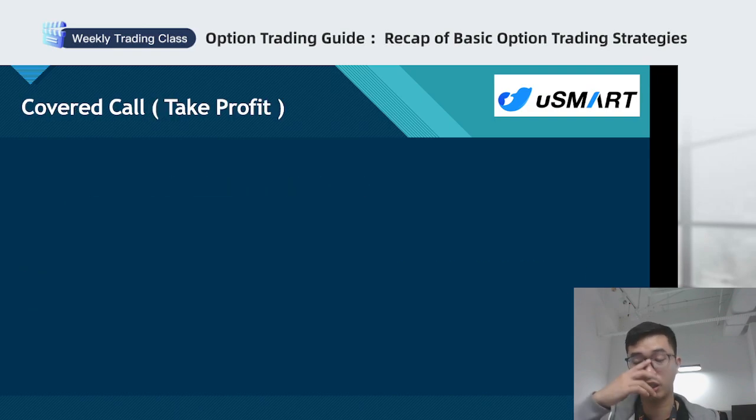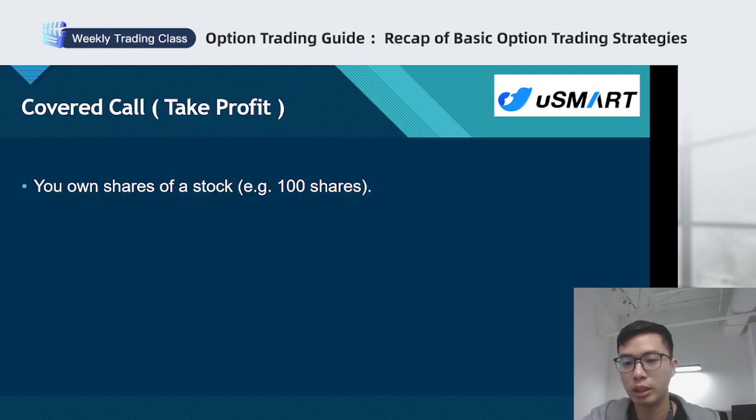Okay, so covered calls. Because we are selling, if we become a call seller, we need to sell our stocks. Covered calls is when you own shares of stocks. With naked calls, you don't own the stocks on hand. If you own the stocks, then it's not dangerous for you.